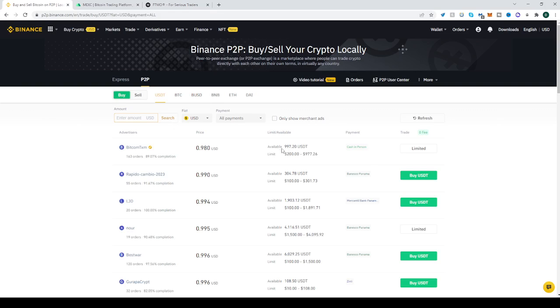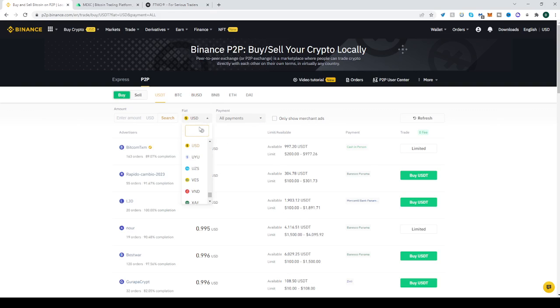For example, there is a limit and an availability. This person has 997 USDT available, but he's willing to sell only above 200 or his entire stack. This person is willing to sell only 100, etc. So you must check these before you buy them, of course.